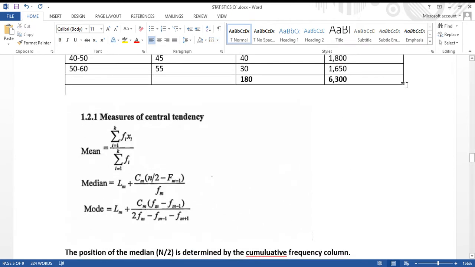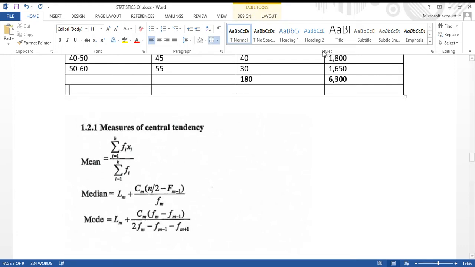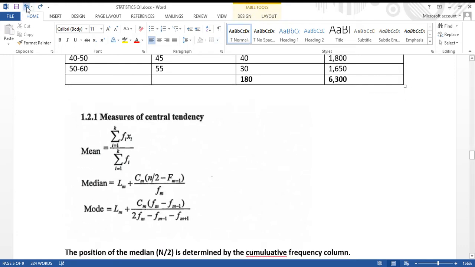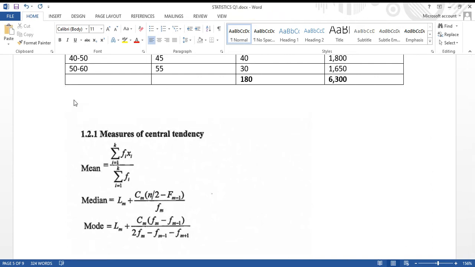We need to put it in the formula. So mean equals the summation of fx, which is 6,300, divided by the summation of f, which is 180.